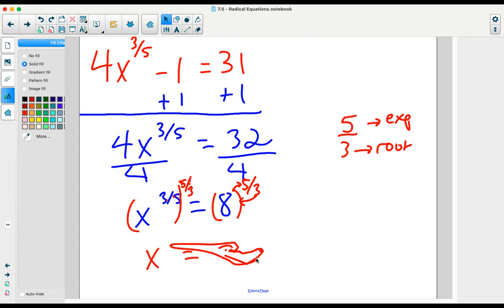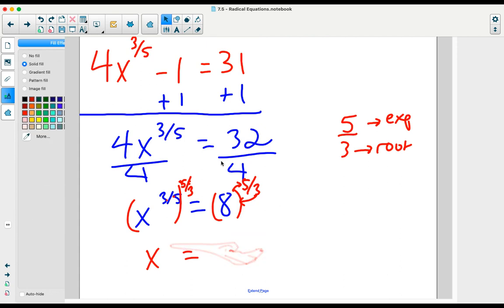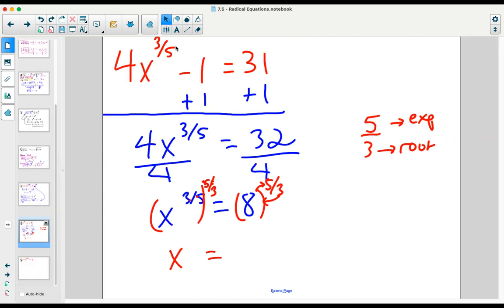So we get, excuse the technical difficulties, x is equal to 32 as our final value. And if you need to check on that one more time, it would just be the 3rd root of 8, which is 2, and then 2 to the 5th power, which is 32.